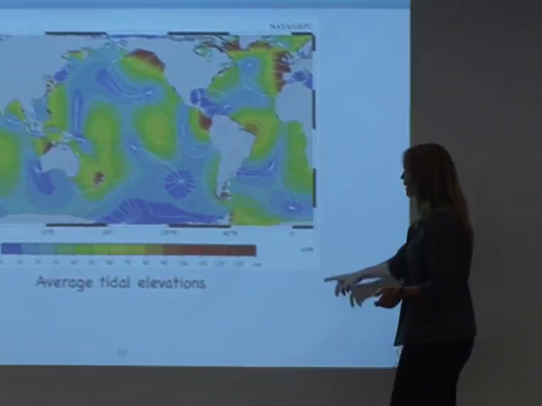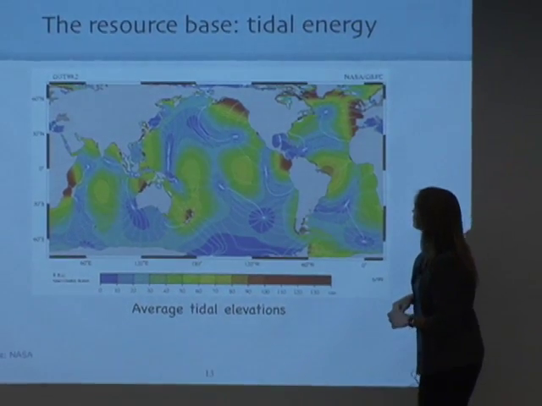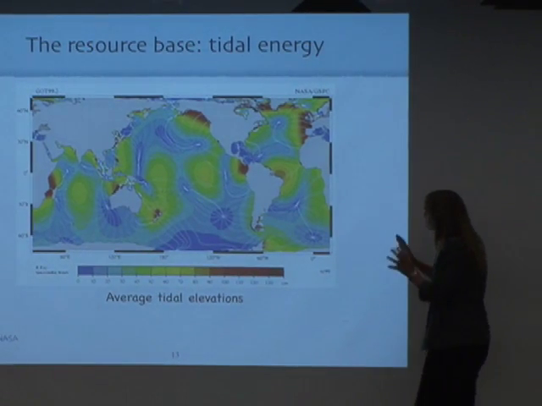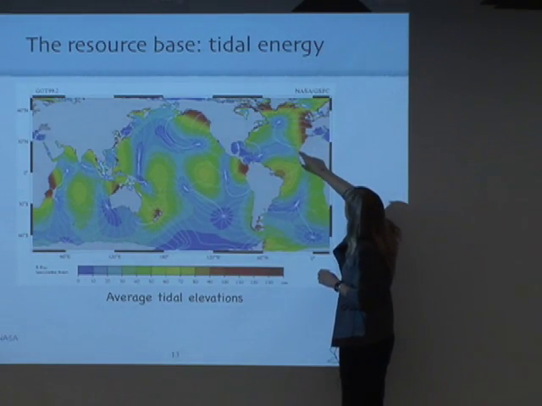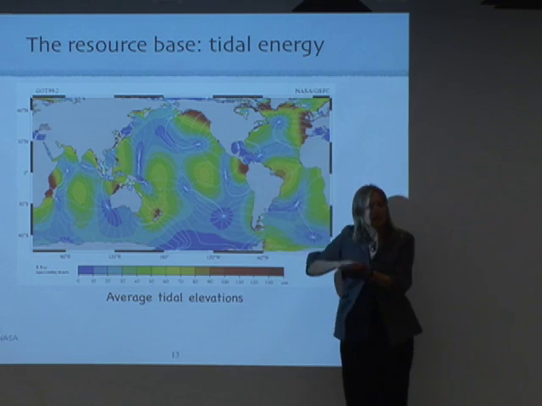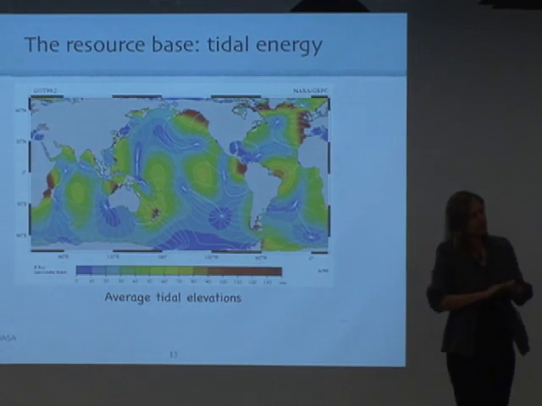Here what I show you is average tidal elevations. This was based on satellite data from NASA. And of course, these are not quite the same as tidal currents, but here are places where you could tap into potential energy, the elevation differences.